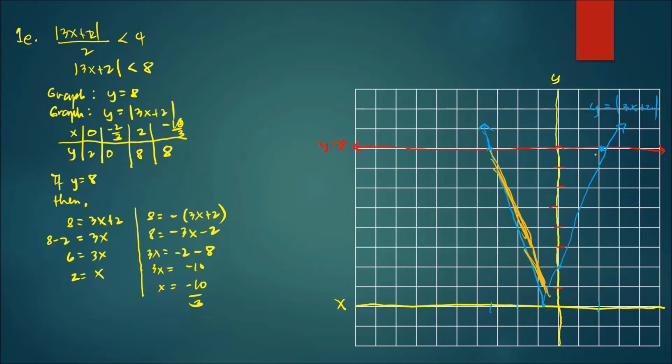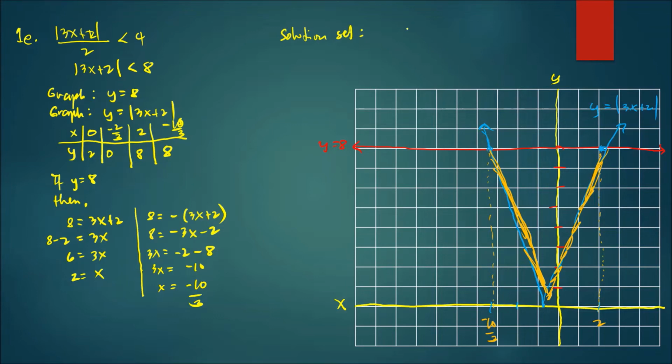So the x value here is negative 10 by 3, and the x value here is, what's that, 2, right? So therefore, our solution set would be in between these two x's.